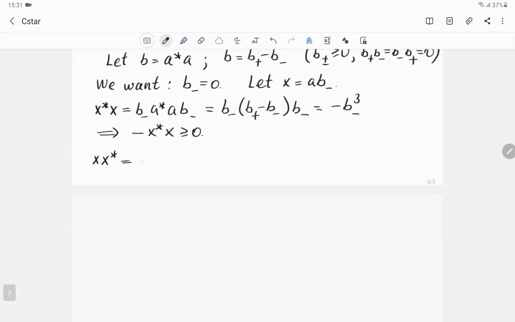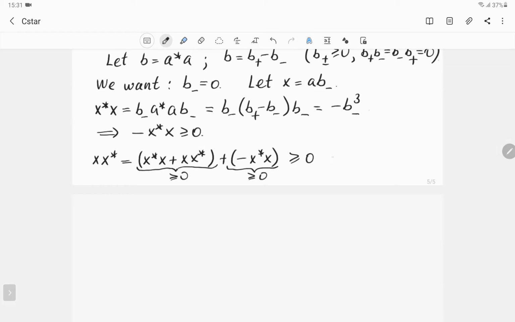So X X star is X star X plus (X X star minus X star X). This is obviously true. But what can we say about these two elements? Well, the first one is positive by lemma 1. And we have just shown that the second element is also positive. So their sum is positive. So X X star is positive.